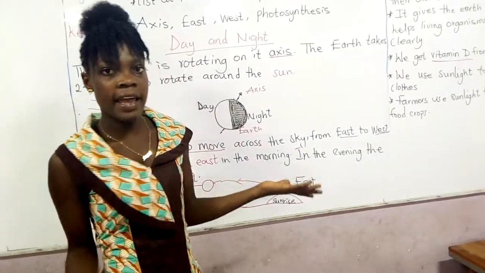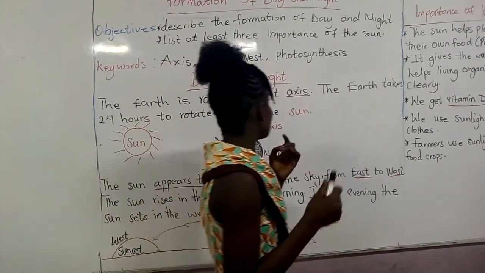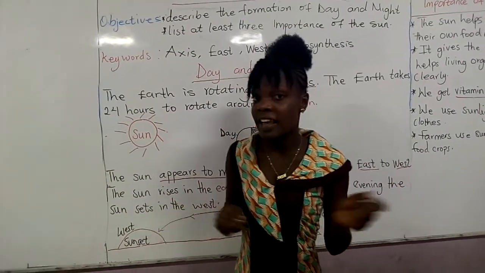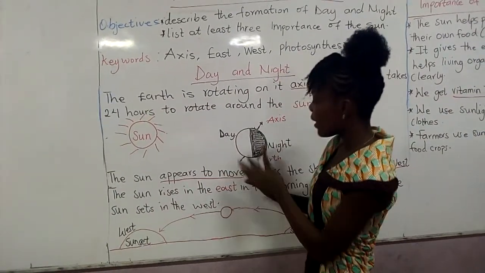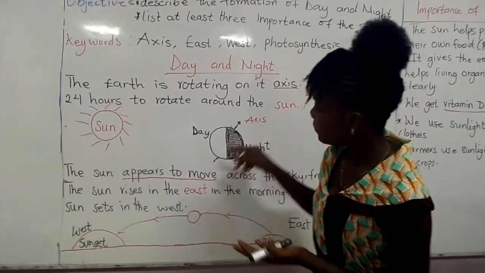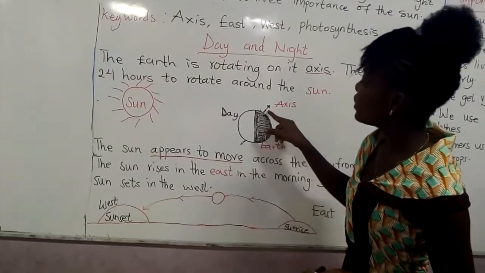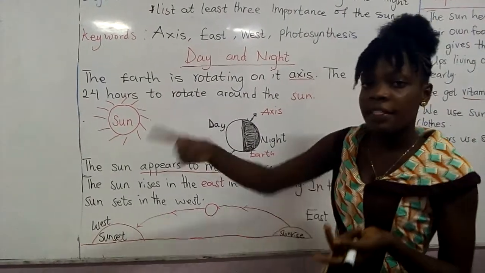Now, how are day and night formed? The earth is rotating on its axis. As I said, axis is an imaginary line. So the drawing here is the earth, and this is the axis. With this axis, the earth is able to rotate.